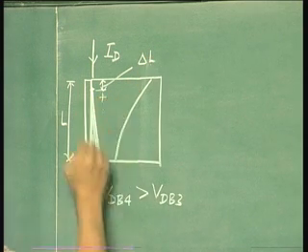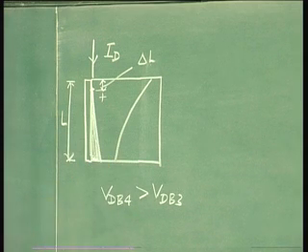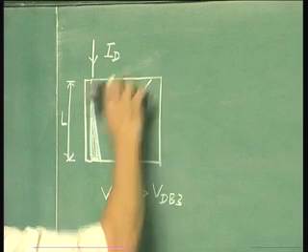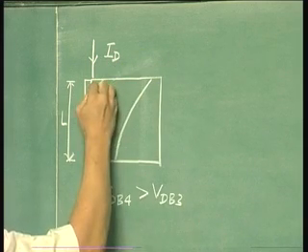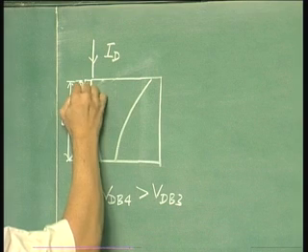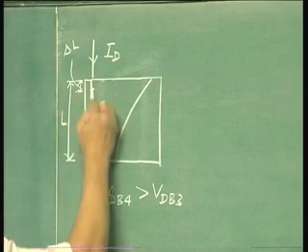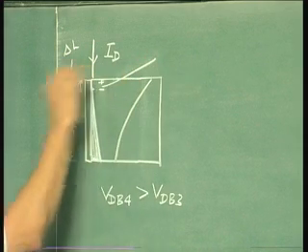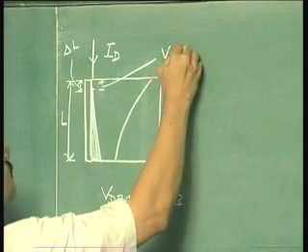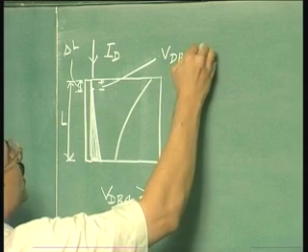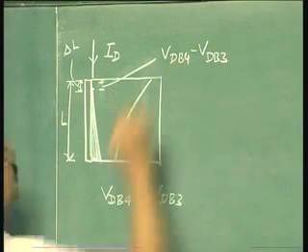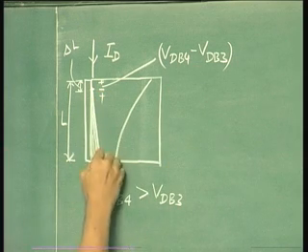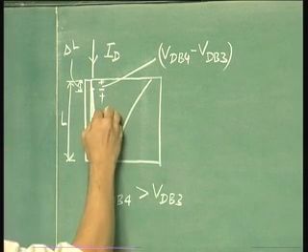So here the situation is as follows. This is delta L, so your voltage falling across this delta L region is VDB4 minus VDB3, the extra voltage beyond VDB3, and the voltage VDB3 is falling here.